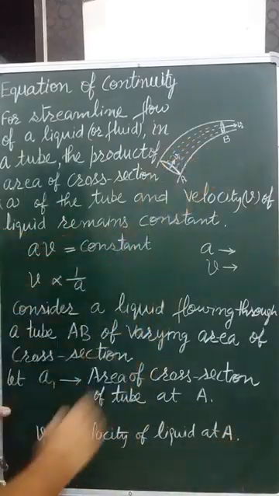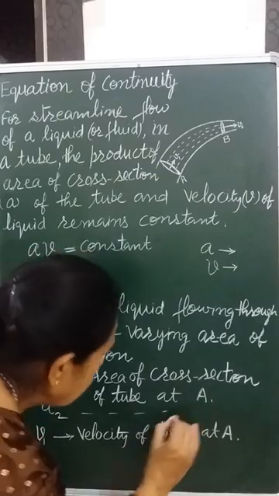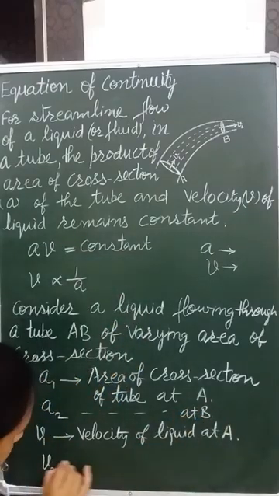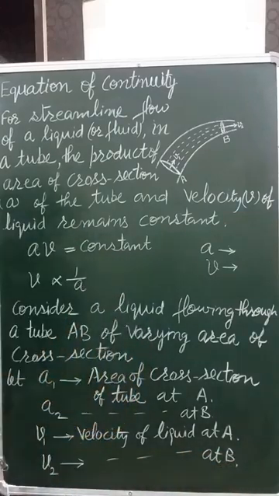Let us say that at point B, A2 is the area of cross section of the tube at B, and V2 is the velocity of the liquid at B.